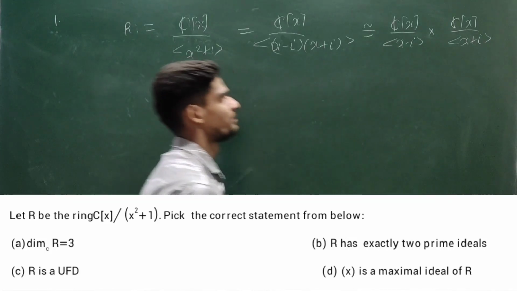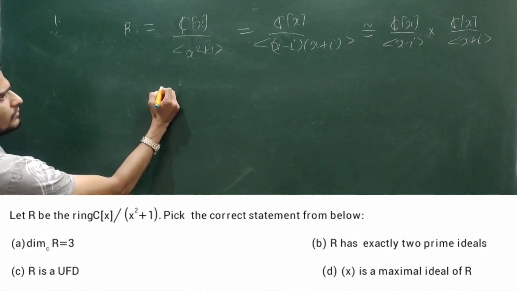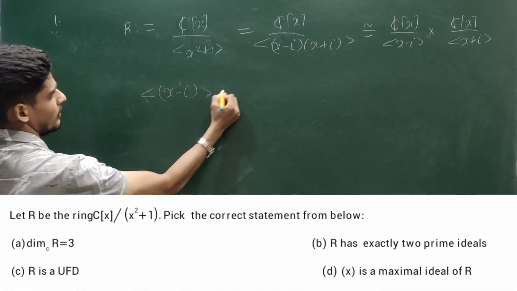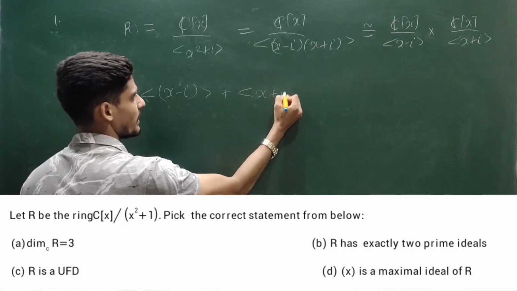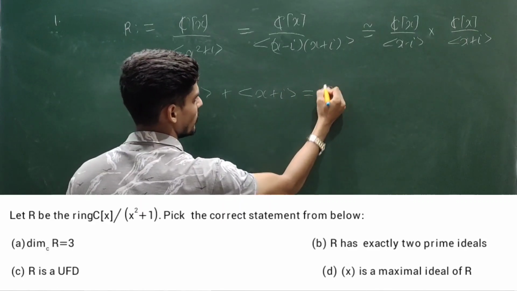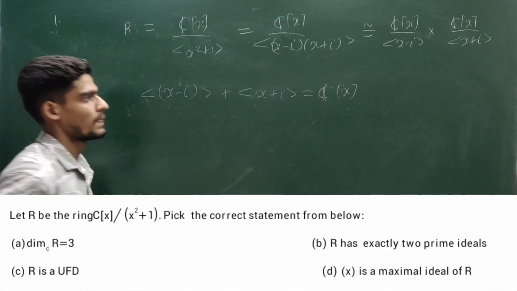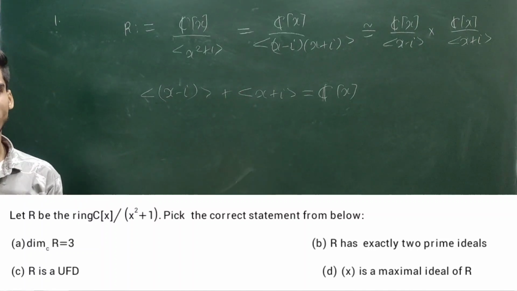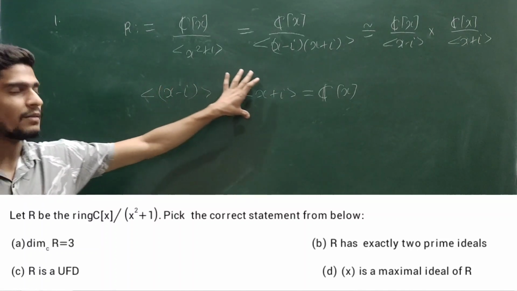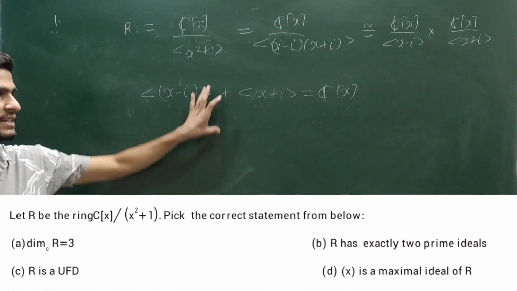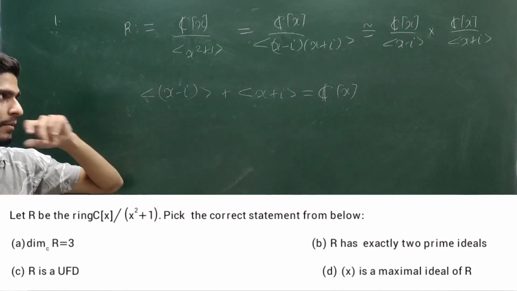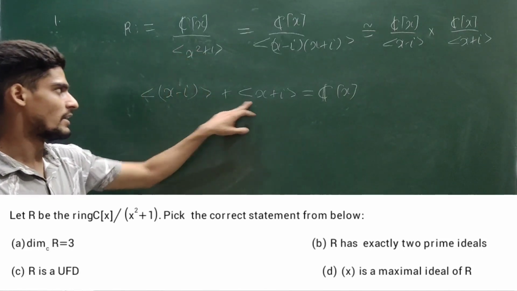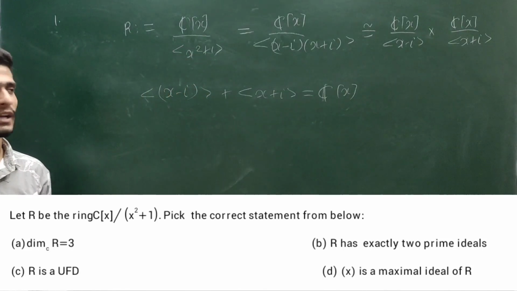Let me verify: the ideal generated by x minus iota plus the ideal generated by x plus iota is the whole of Cx. The sum of two ideals is again an ideal. If I show that this sum contains a unit element, then I am done, because if any ideal contains a unit, it becomes the whole of R. So I am showing this sum of these two ideals contains a unit element.